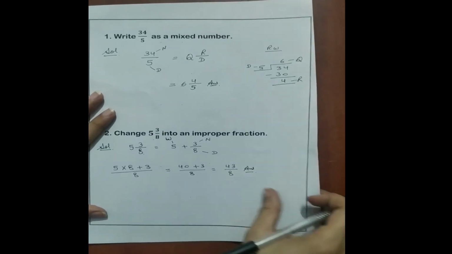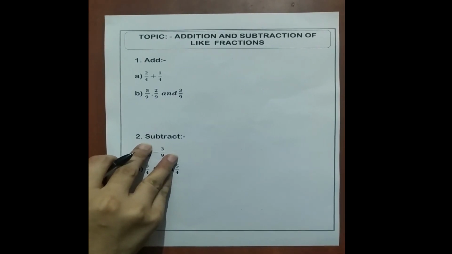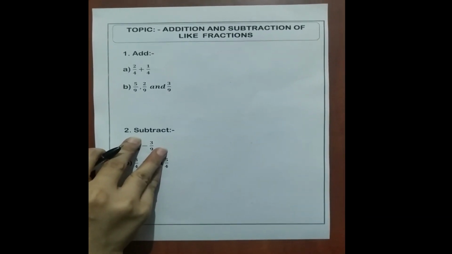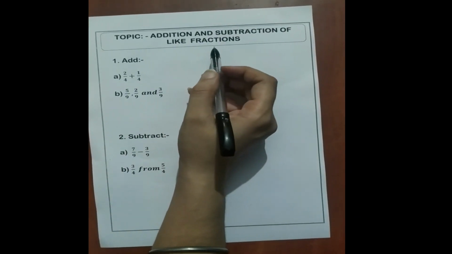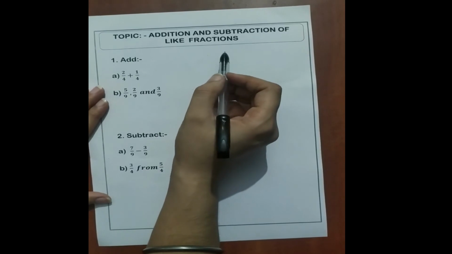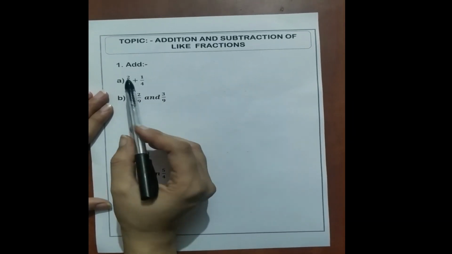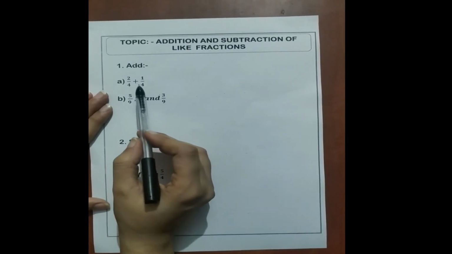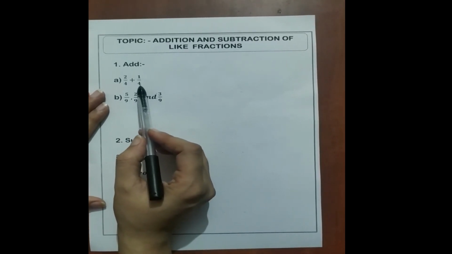Now move to the next topic, that is addition and subtraction of like fractions. When the denominator of two or more fractions is same, we add only the numerators. The denominator remains the same.